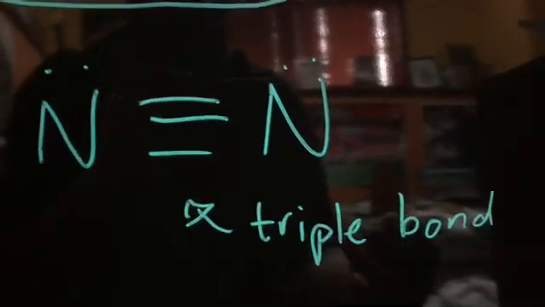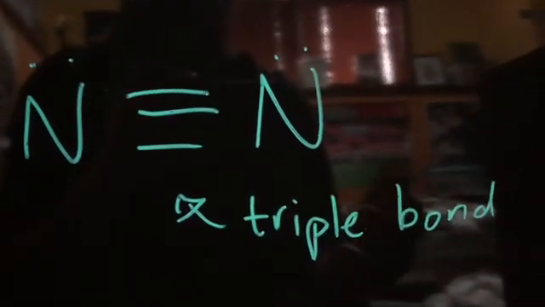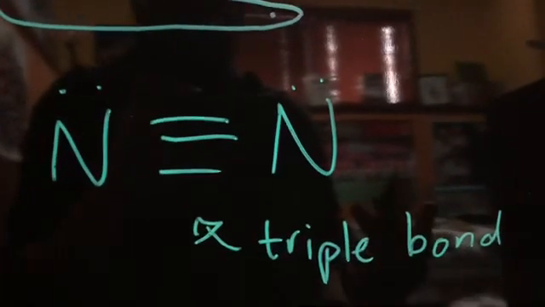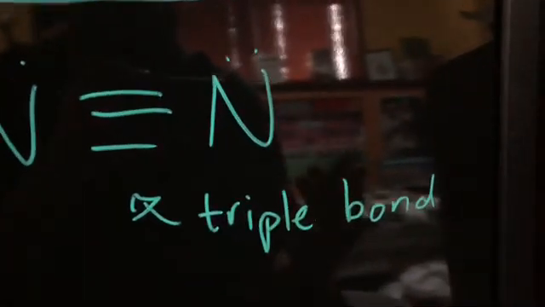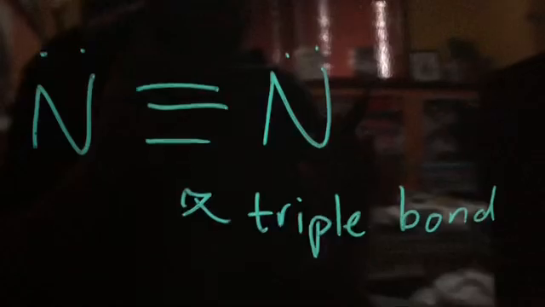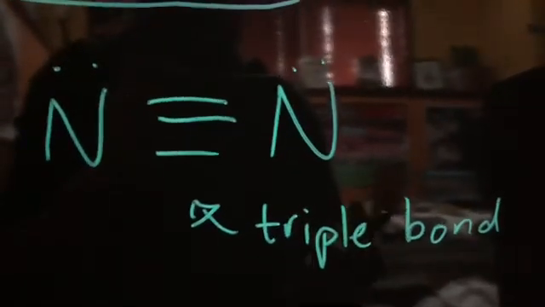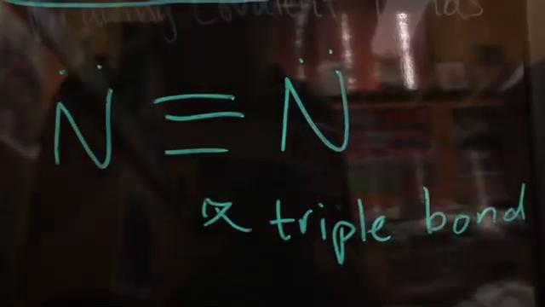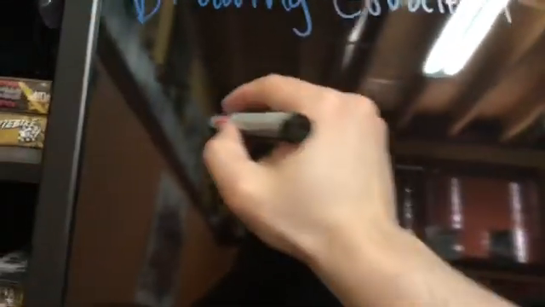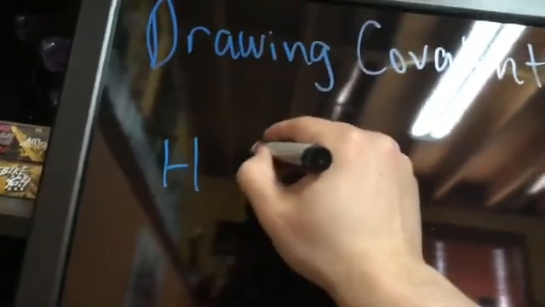So what if we have molecules with different elements in it? So right now we've just looked at ones that have just been hydrogen, chlorine, oxygen, nitrogen. What happens when we mix different elements in there? Let's take a look. All right, so what if we take HCl? So going back, we can remember that hydrogen is in group 1. It has 1 valence electron. Chlorine is in group 17.